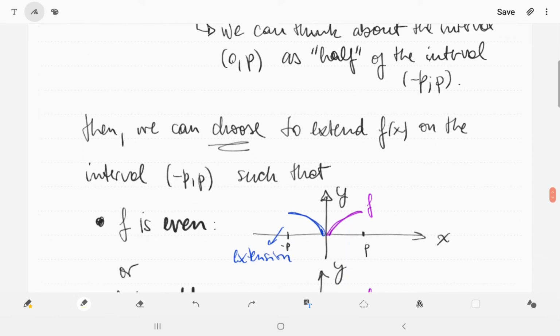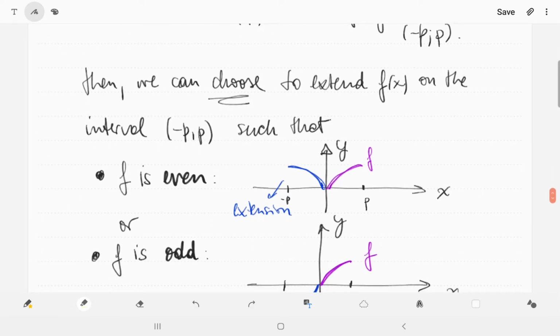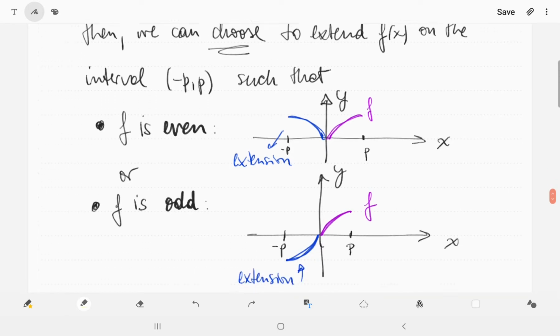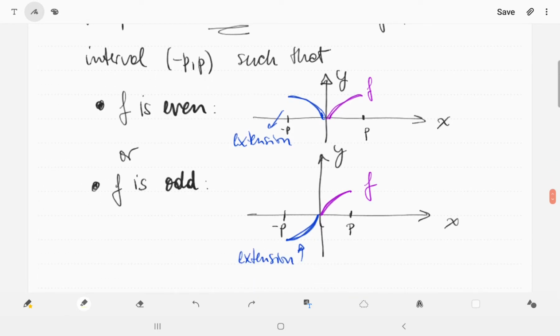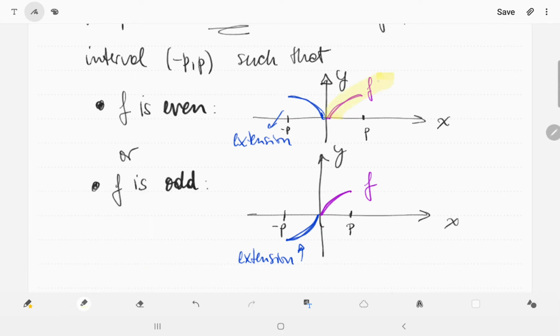So what I was saying, we can choose how to extend f on the interval (-p, p), for instance, such that f is even. So if we start with this function f here, if I want an even extension, I just have to copy the graph of f in such a way that it is symmetric with respect to the y-axis.